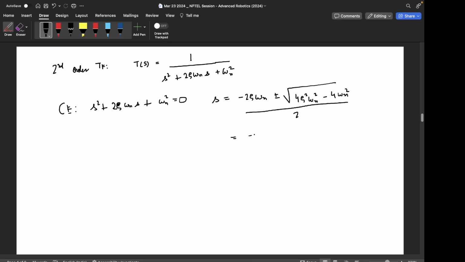So this will be minus xi omega n plus minus omega n into under root xi square minus 1. So this is s1 and 2. These are the poles. What are these? These are the poles.